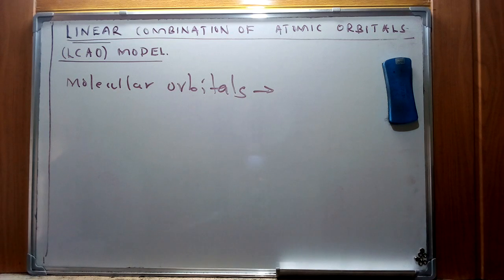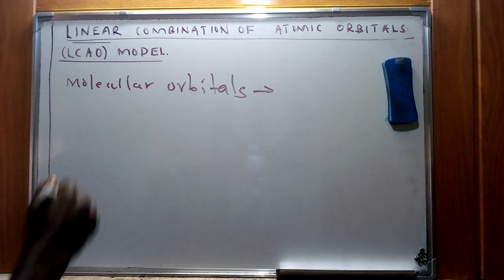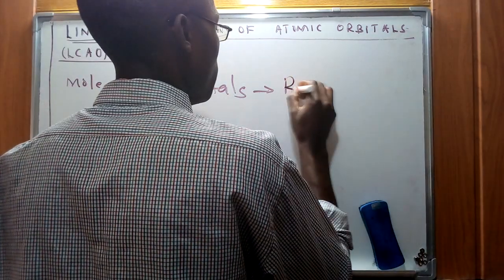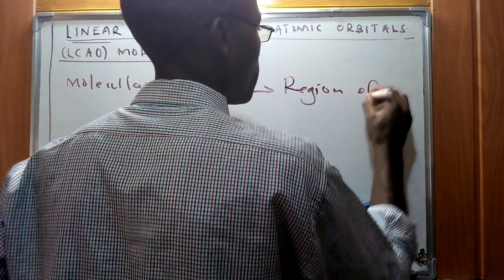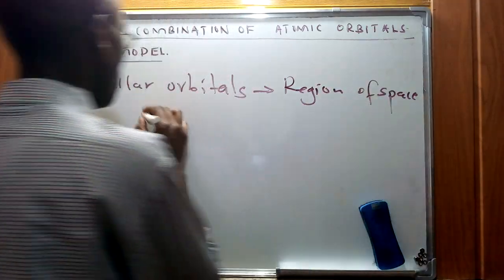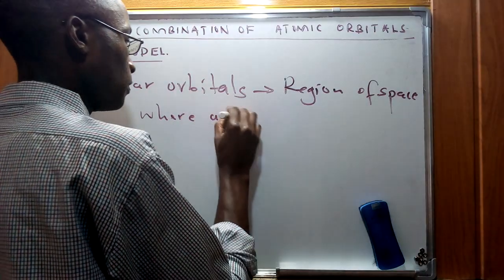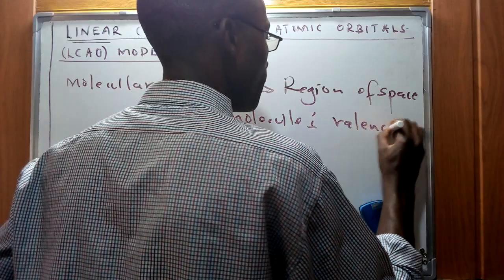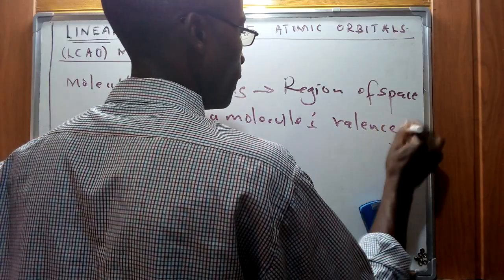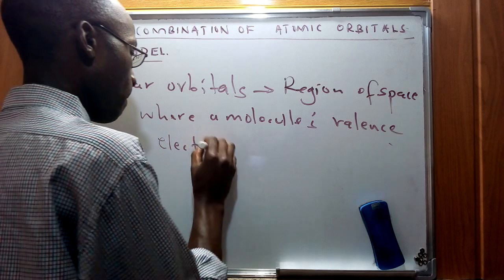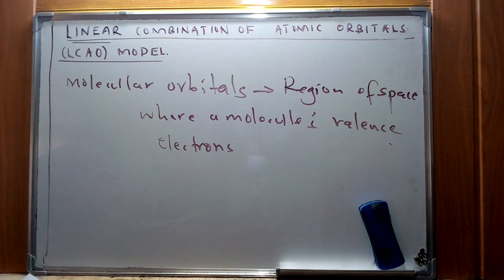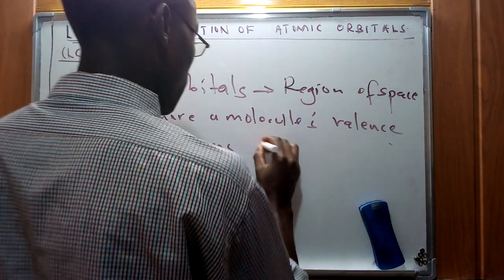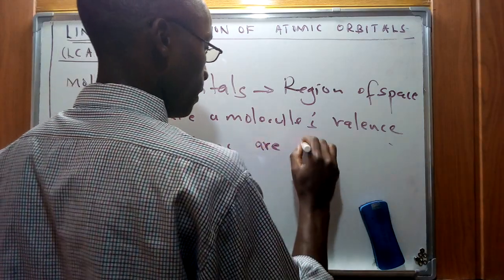So we can define the concept of a molecular orbital as basically the region of space where a molecule's valence electrons are present or are likely to be present.